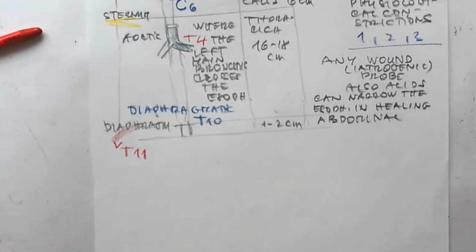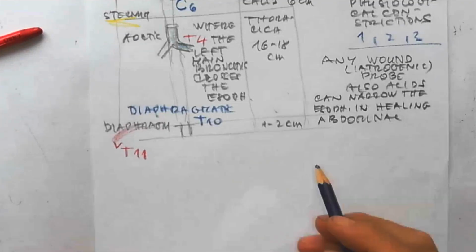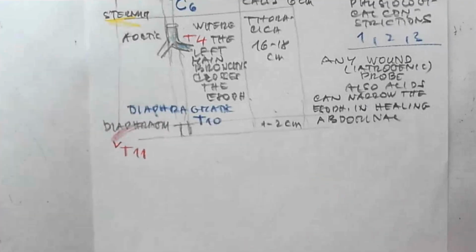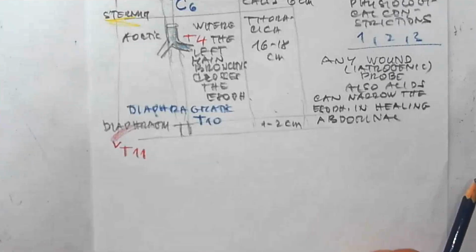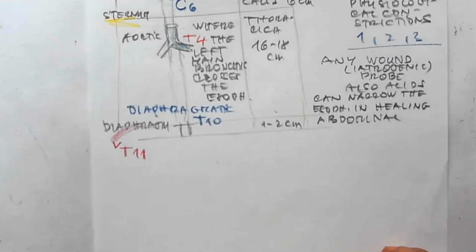So any wound, any damage, any destruction by very aggressive chemicals, all these factors can narrow the lumen of the esophagus, especially in the places where the esophagus is narrow.